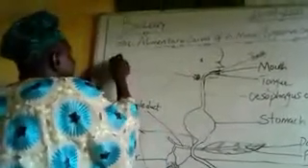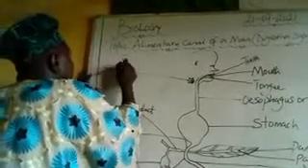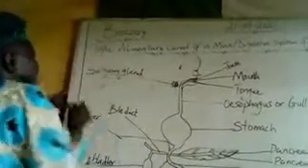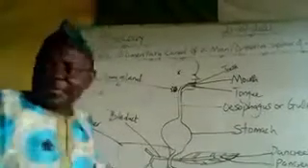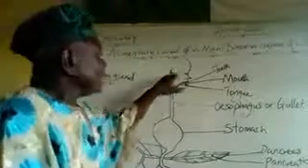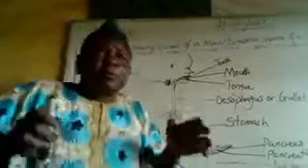Here we have the salivary gland. When a man takes in food, the food will be properly chewed using the teeth.